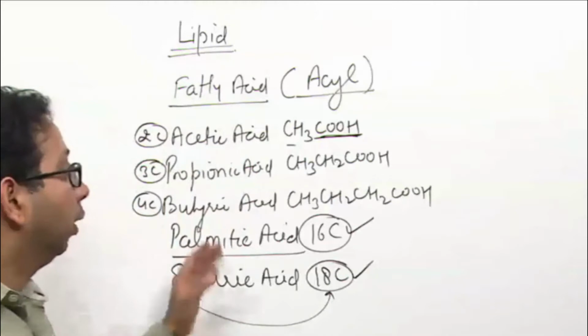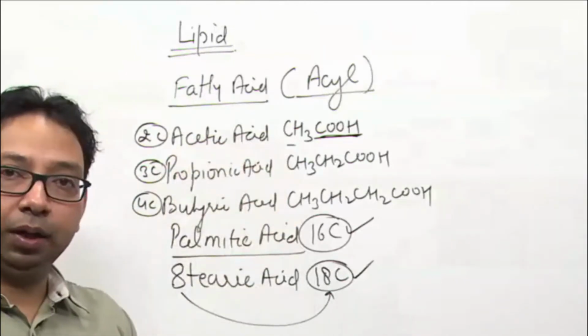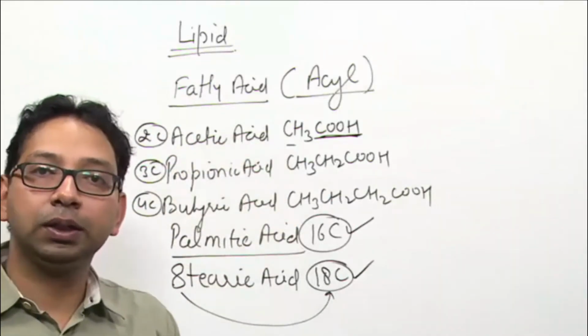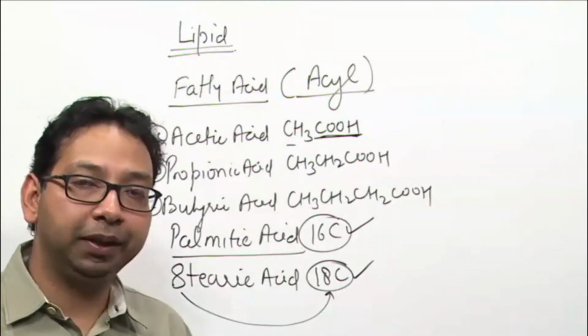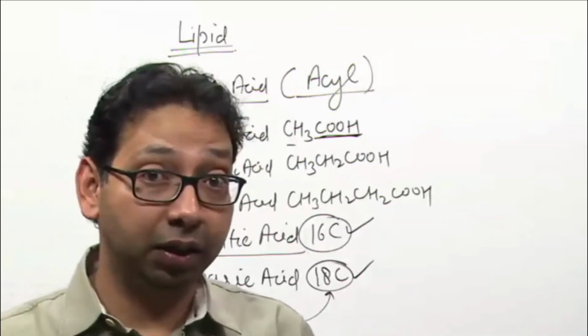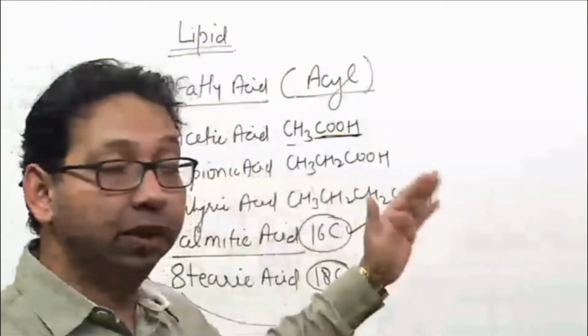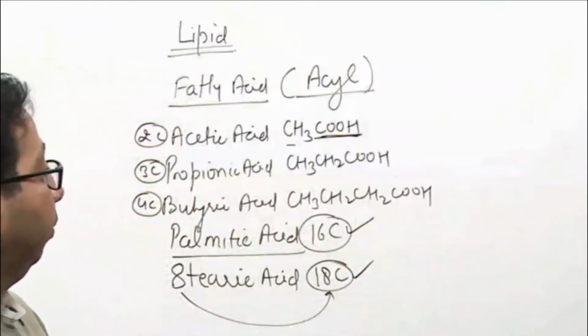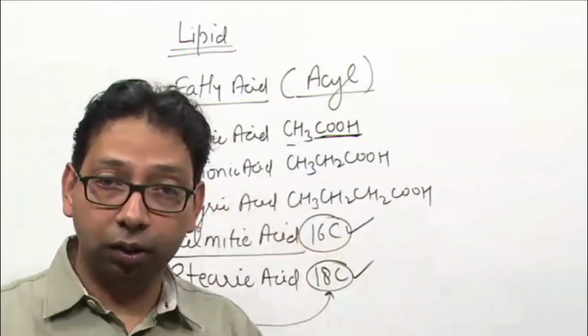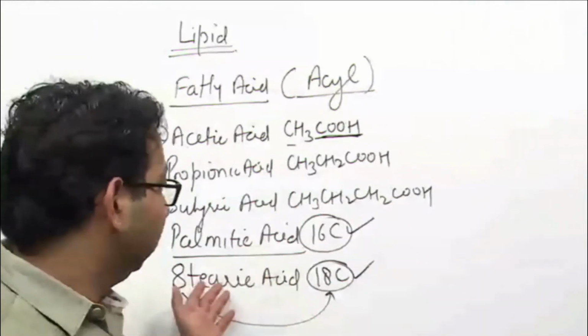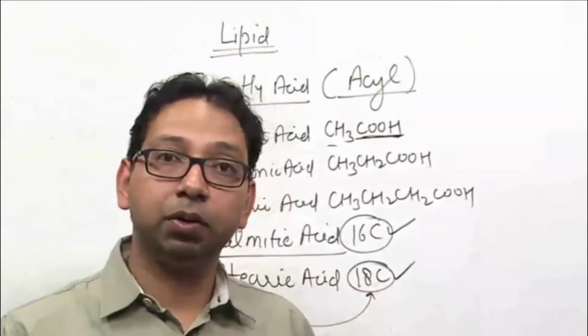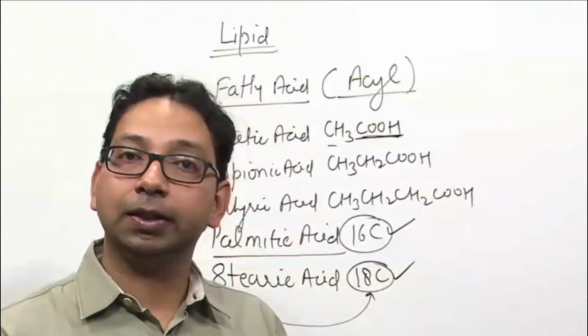Suppose I say acetyl coenzyme A. If acetic acid binds with coenzyme A, that is acetyl coenzyme A, which is an acyl coenzyme A. Propionyl coenzyme A, butyryl coenzyme A, palmitoyl coenzyme A and stearyl coenzyme A are also acyl coenzyme A, because the group name of fatty acid is acyl.